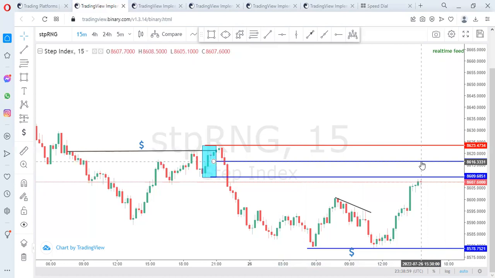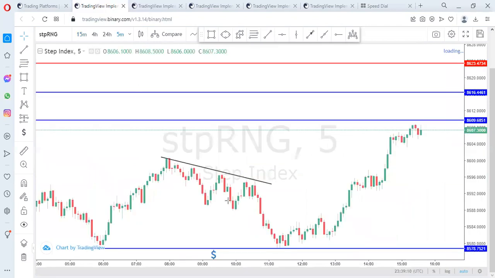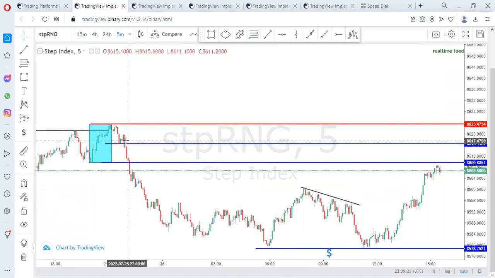Although I look at other things, if we go to 5 minutes, the lower time frame you go to, the more information you get to work with. Okay, there's another institutional candle inside this 5 minutes institutional candle inside a 15 minutes institutional candle.